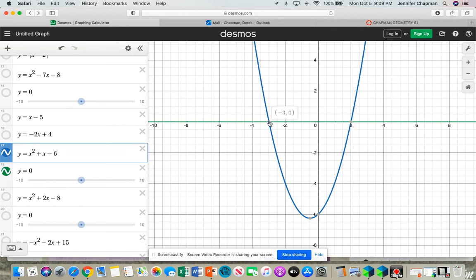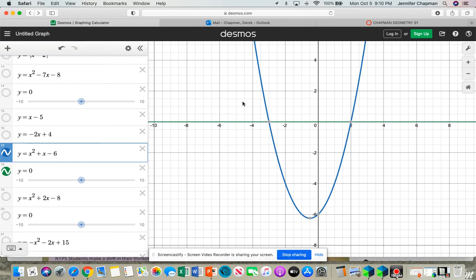So if I take a look at zone 1, to the left of the x-intercepts, my blue function is greater because it's physically higher than my green function. So over here in zone 1, x squared plus x minus 6 is greater than 0, which is not what we want.